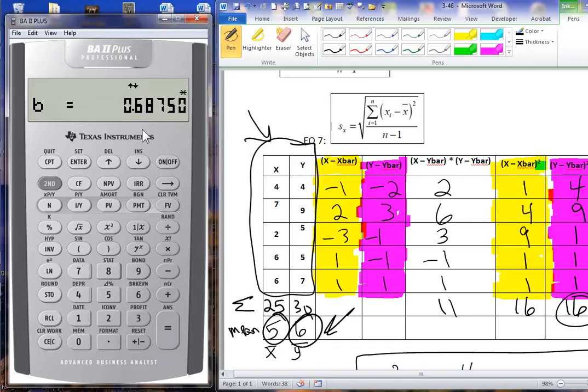By the way, in this case, as it happens, the slope is the same as the correlation coefficient, it doesn't necessarily have to be. We have the correlation coefficient R, which is 0.6875.